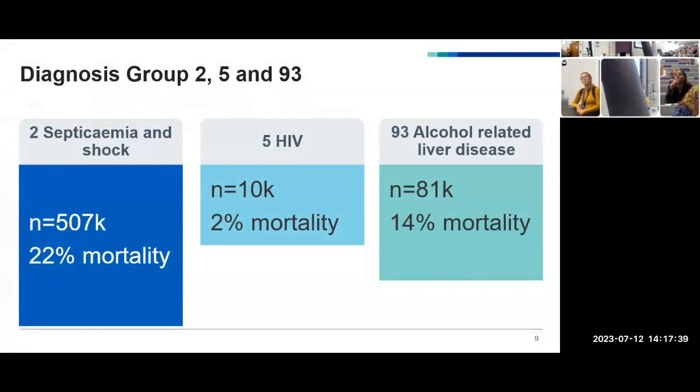I did run the models across the whole series of diagnostic groups, but I'll focus on these now. I chose these for the presentation because they're quite varied in terms of how many episodes are in each one, and also the calcium balance, which is essentially mortality. Some of them have much steeper calcium balance than the others.